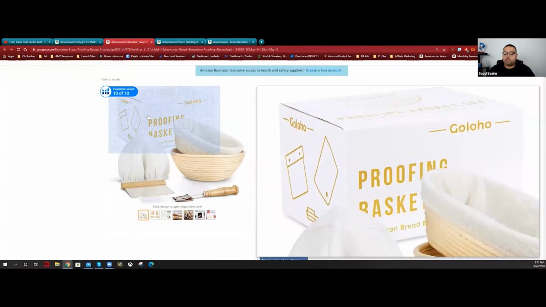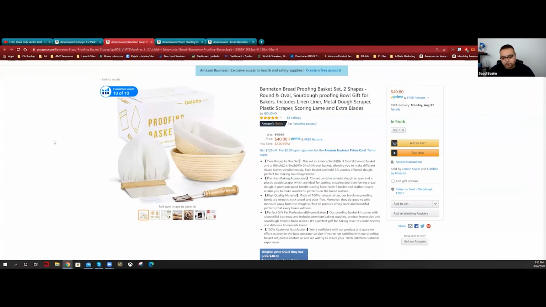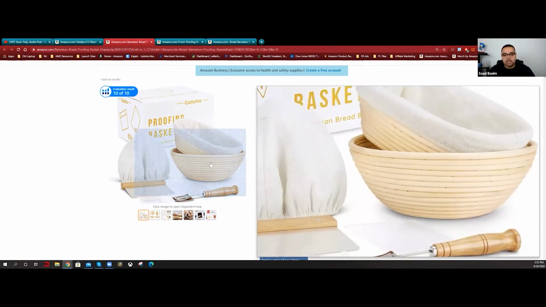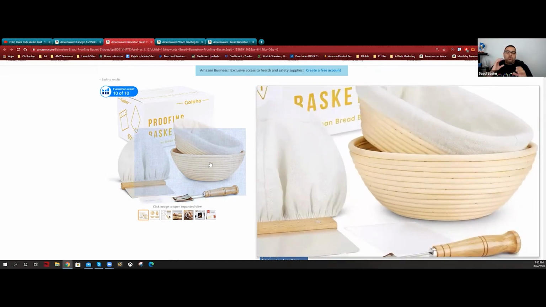One of the products that Nancy is looking into, one of the things we talked about was, let's not do any packaging for this product, because if you put the product together, it's going to be like this. Imagine when you ship them, it's going to be box on top of box.